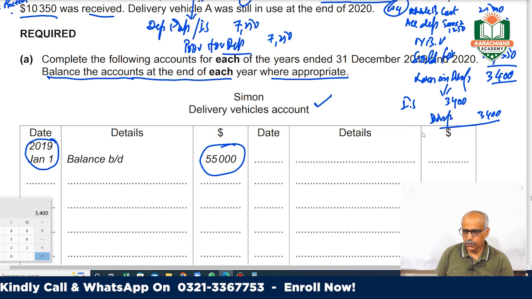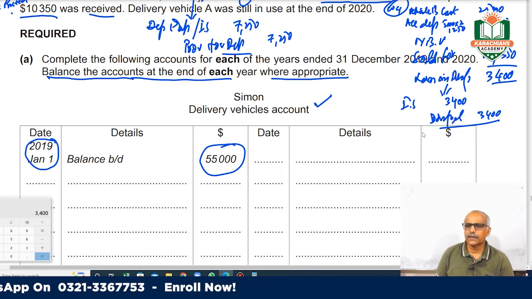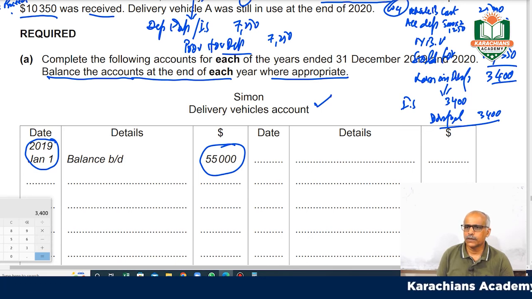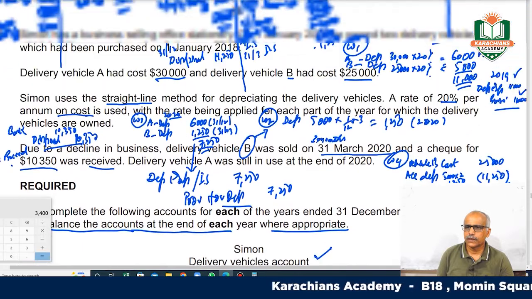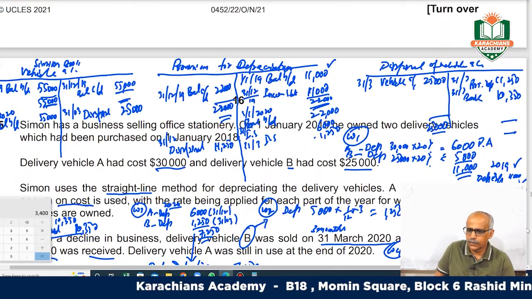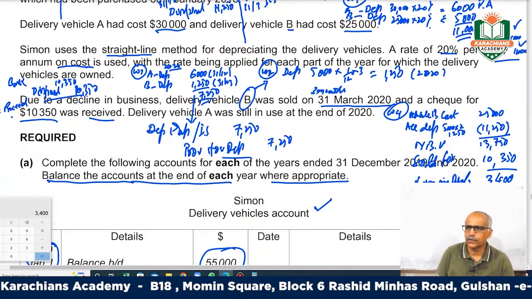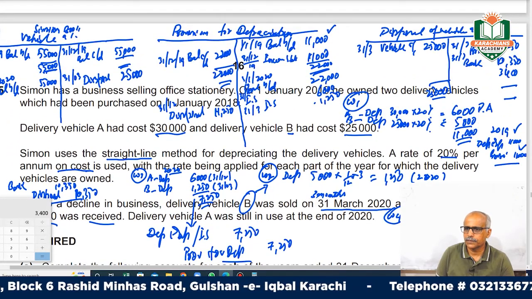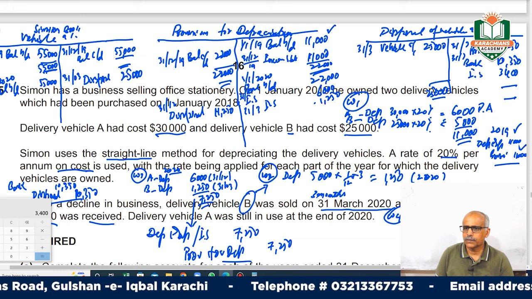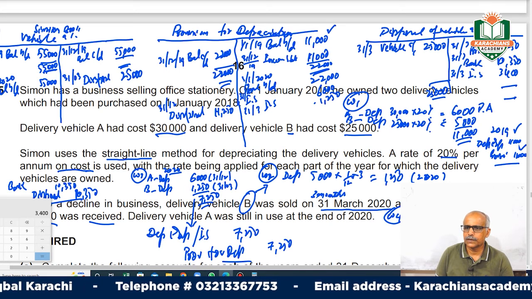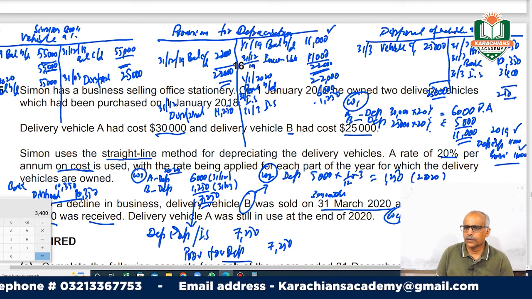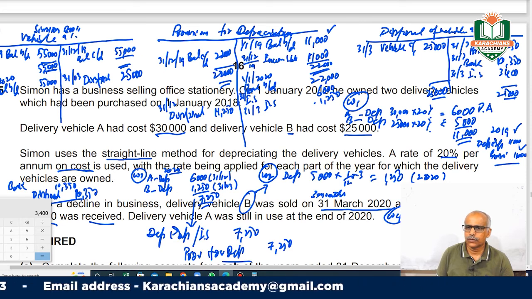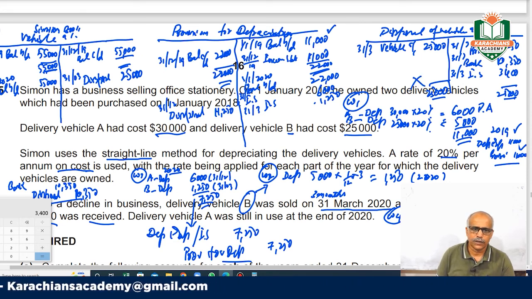So you will transfer this disposal loss to the income statement, disposal credit and income statement debit, right? Here 3,400 income statement 31st March. So with this entry, now your disposal account is closed, right?